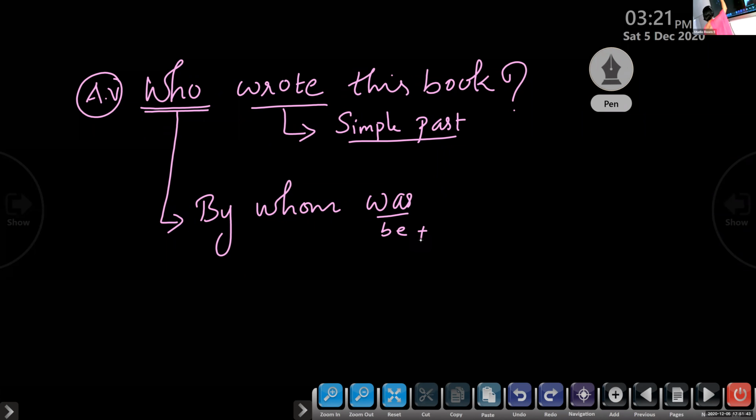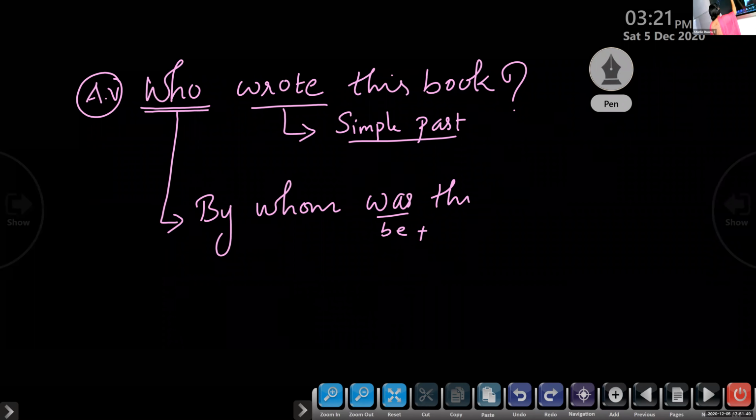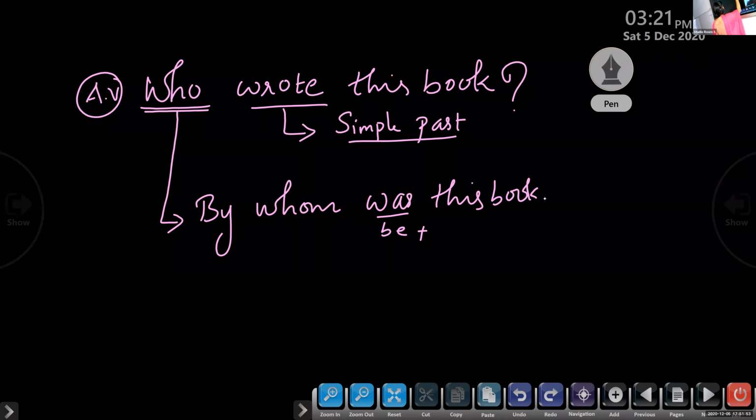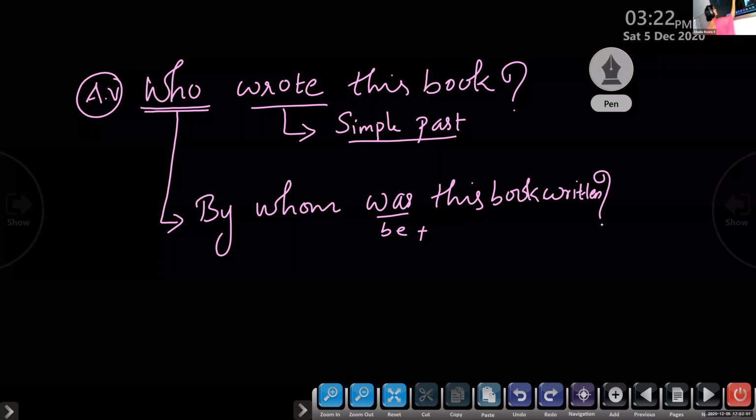And to get a proper idea, I should use this book here. By whom was this book written? Past participle form of the verb. And give a question mark at the end. Be form plus past participle form of the verb.